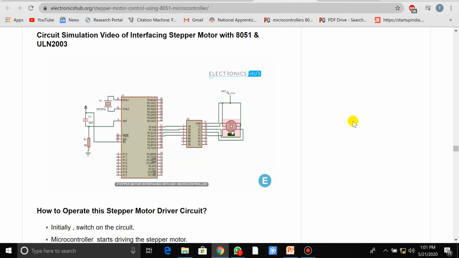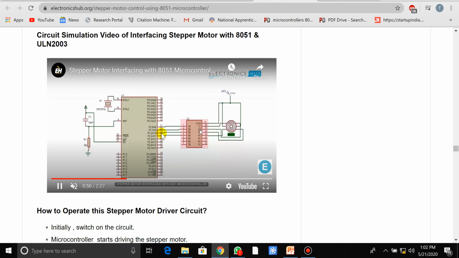So that is a motor. You are going to dump the program and execute it, so the motor starts rotating. The motor will be driven by this motor driver IC. This is how it is going to work.